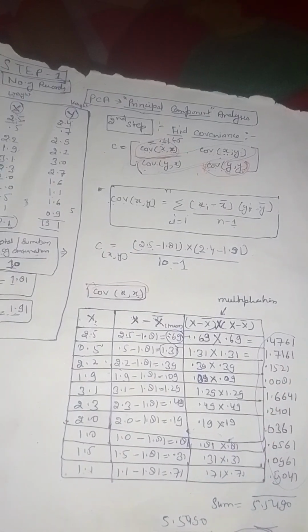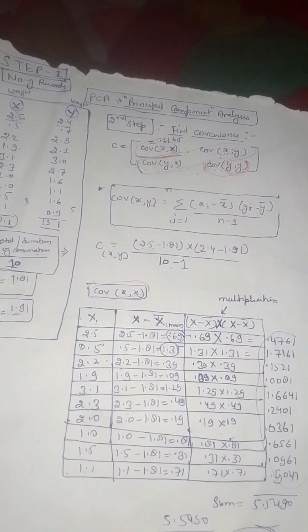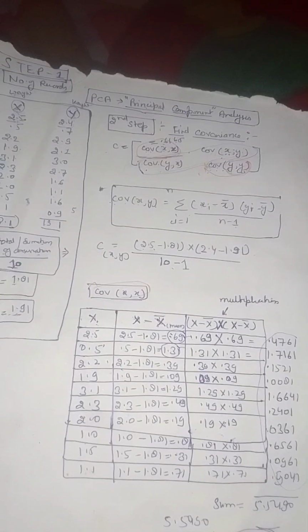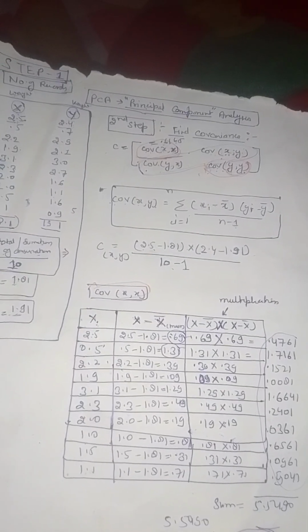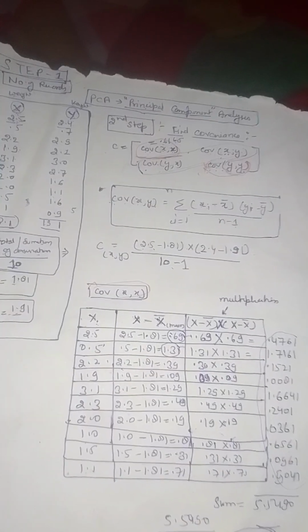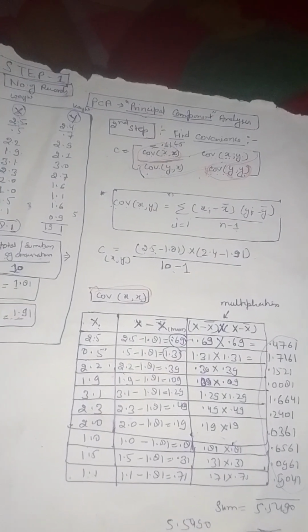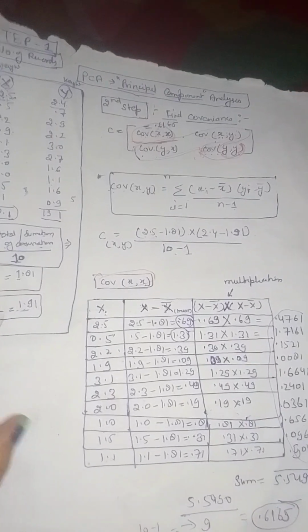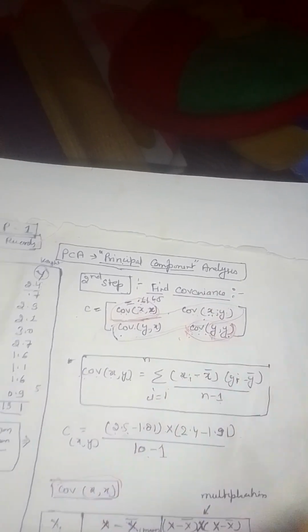Before jumping into this video, go through the last video once, the covariance principal component analysis part 1. In this video I'll teach you how to calculate yy. This is step 2.